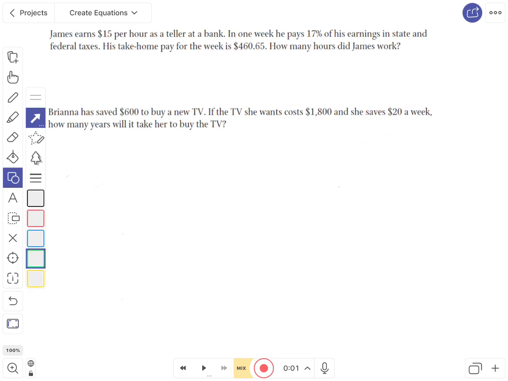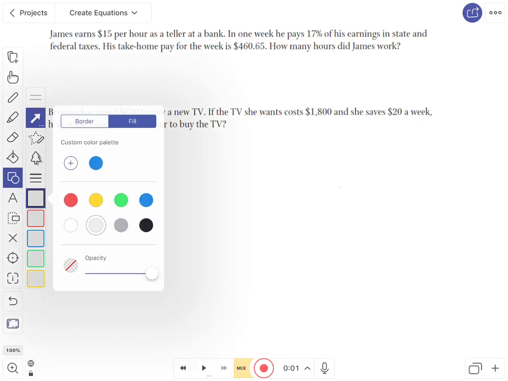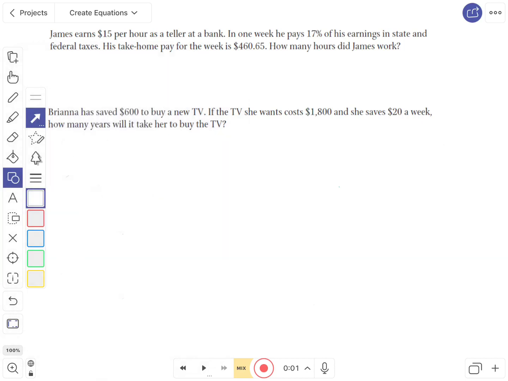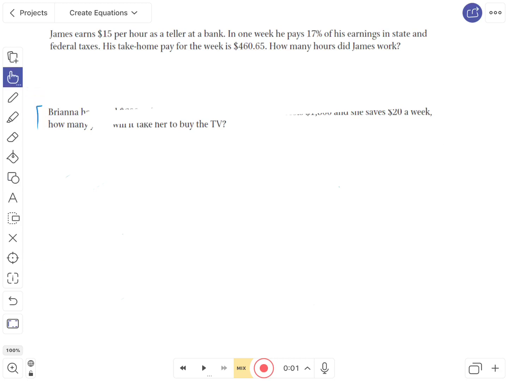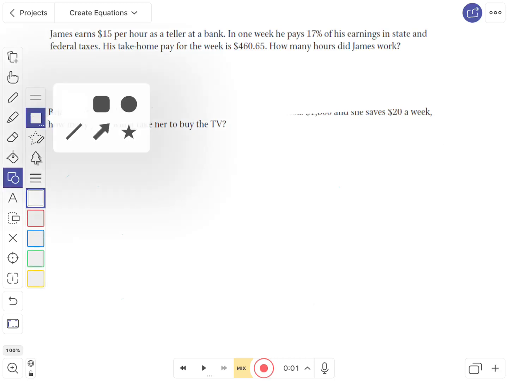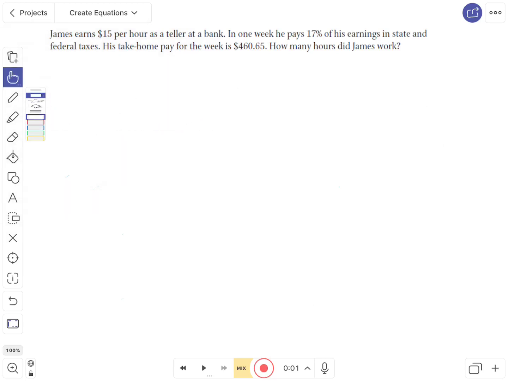And I wonder if I can make a shape go over that. And that is the shape of an arrow. There we go. All right.